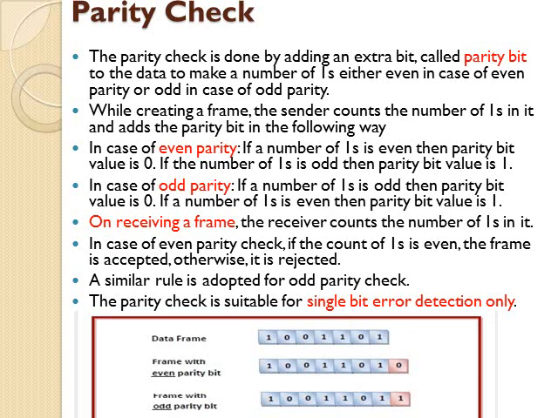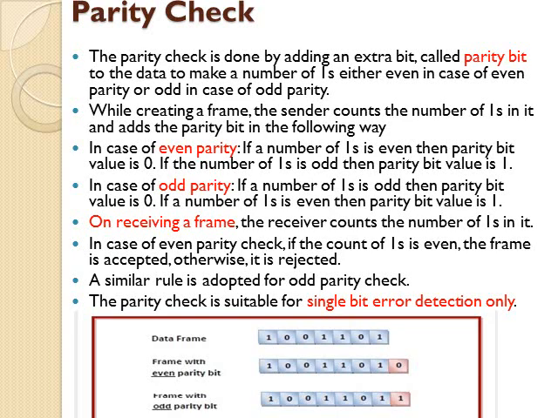Look at this example. Here the data frame transmitted is 1001101. Here the number of ones is 4. In case of even parity, we already have 4 ones, so it is even, so the parity bit added is 0.